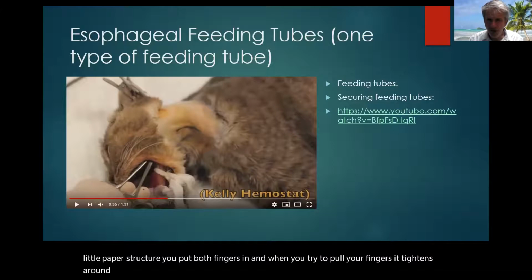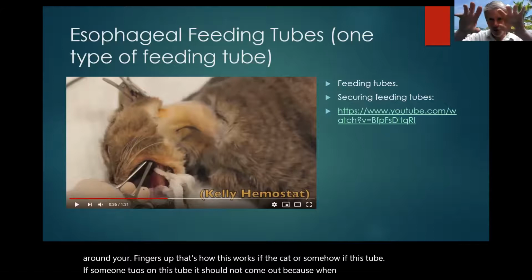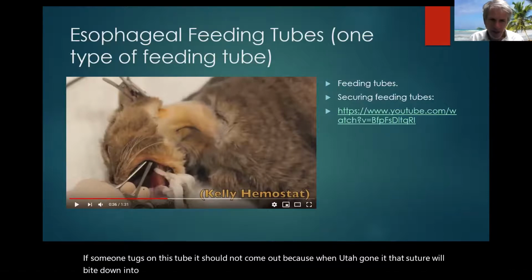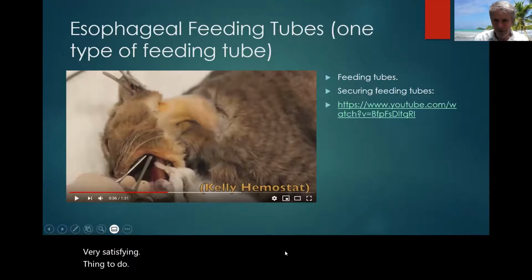That's how this works. If someone tugs on this tube, it should not come out, because when you tug on it, that suture will bite down into the esophageal feeding tube and keep it in place. So, a very satisfying thing to do, and really a life-saving thing to do.